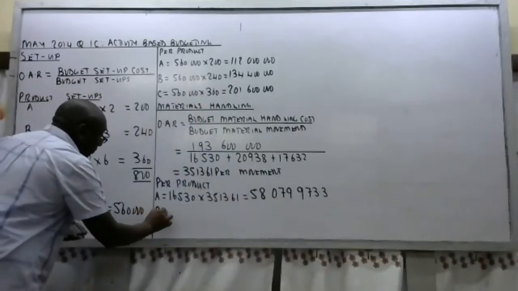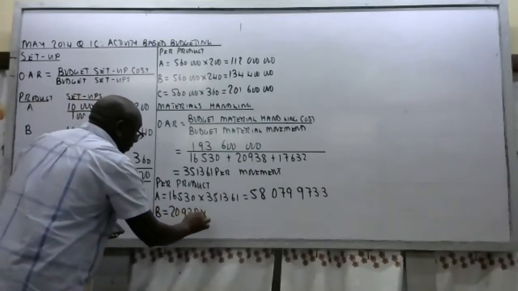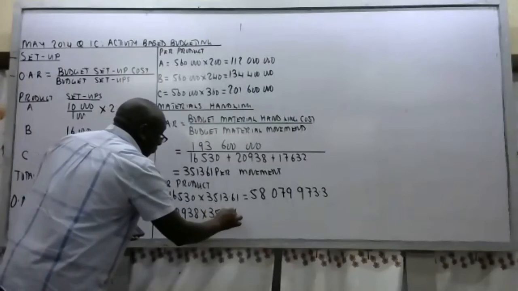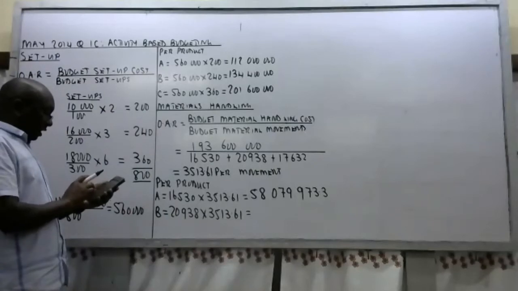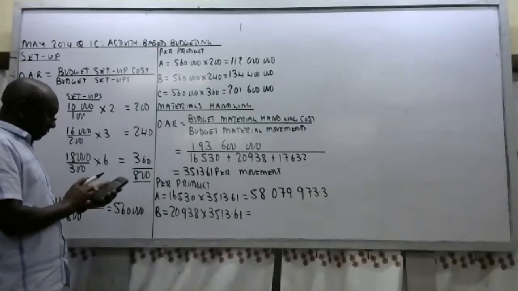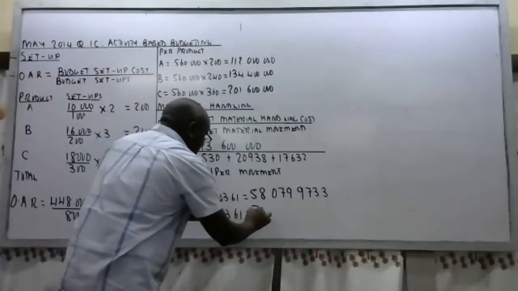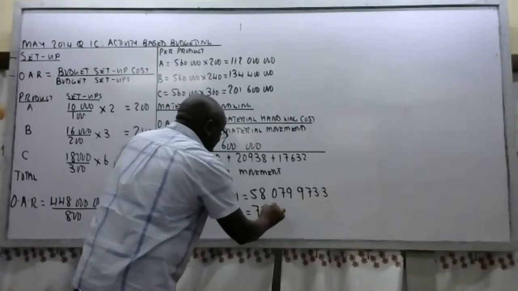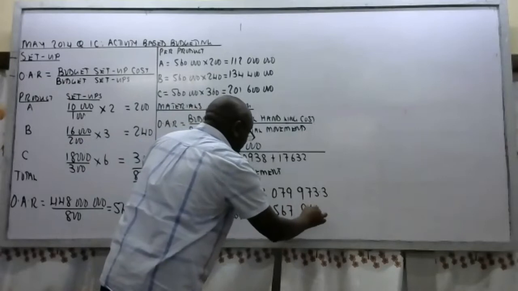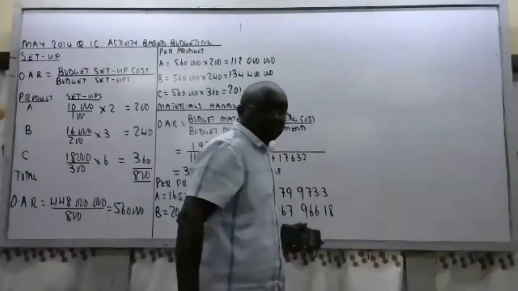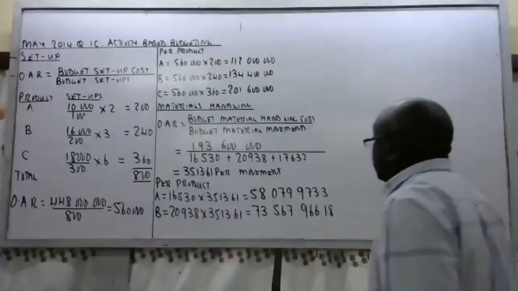Let's go to B. B, you say 2938 times 3,513.61. I'm getting 73,567,966.18. Yes, Churchill, it's confirmed. June, good.